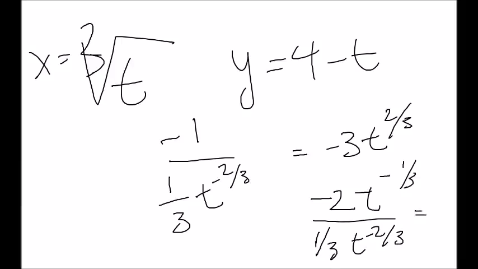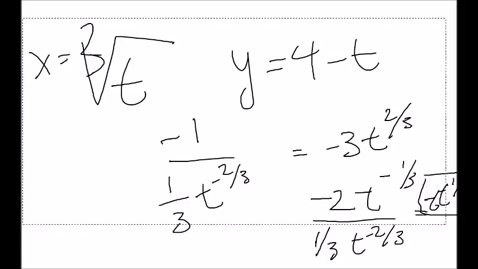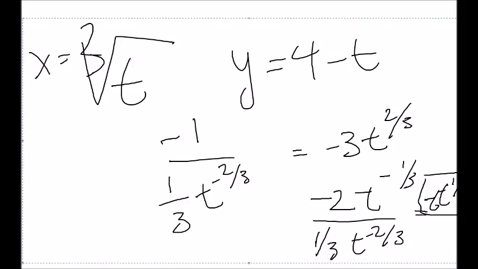So what this would be is negative 6t to the 1/3. Oh, sorry if you guys can't see that. It might be off my recording screen. But the answer should be 6t to the 1/3 if you're looking for the second derivative.